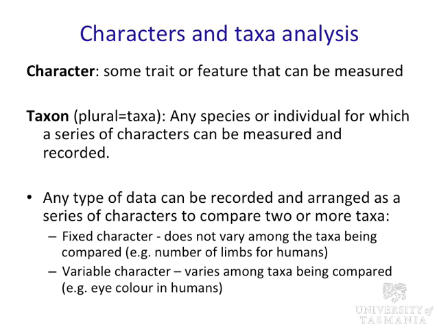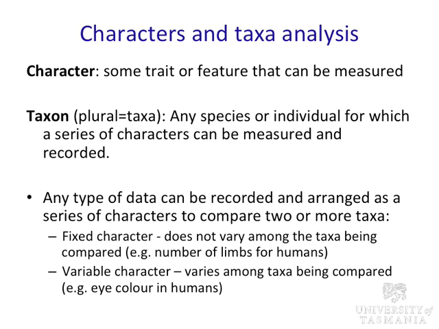Taxa is plural, taxon is a single object. They are basically, in biology, any species, or in fact any individual for which we can record a series of characters. So characters are information about the same feature. Taxa is the object which we might be describing and recording information from.